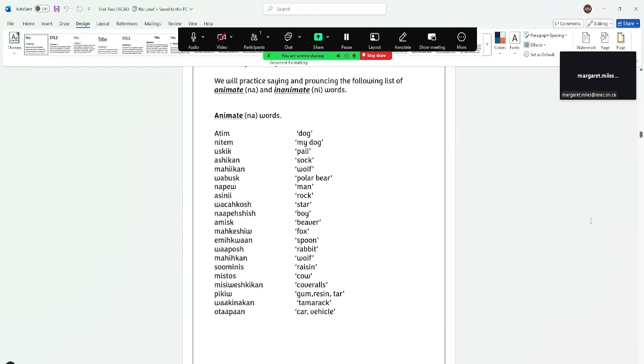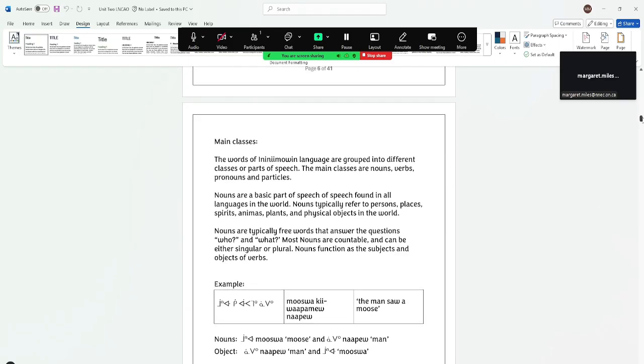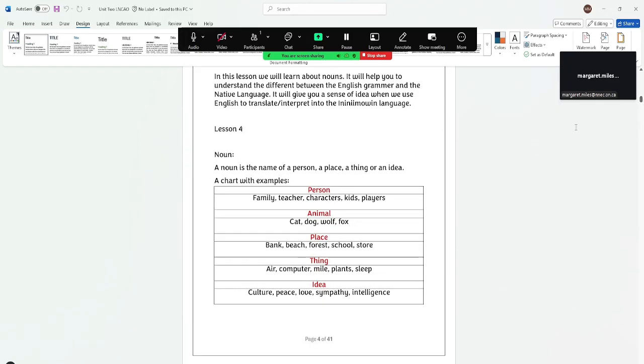There is an example chart that we looked at, with examples: person, family, teacher, characters, kids, players; animals, cat, dog, wolf, fox; places, bank, beach, forest, school, store; a thing, air, computer, mile, plants, sleep; and an idea, culture, peace, love, sympathy, and intelligence.